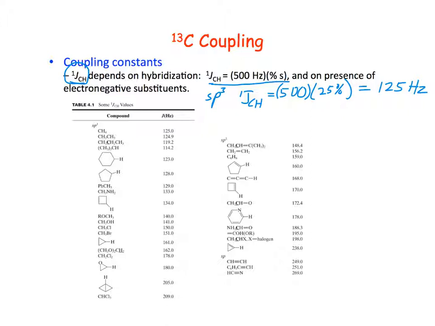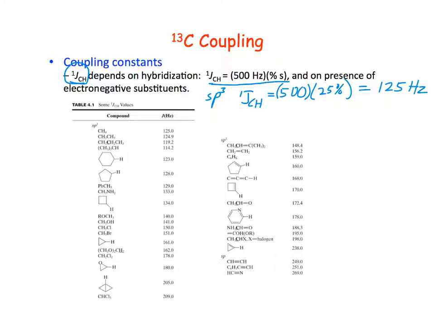How does this coupling constant compare to what we saw for proton-proton couplings? It's big, right? Because the biggest coupling constants we saw for proton-proton was maybe nearing 20 at the most. Usually the biggest for trans is maybe 17, and so these are well over 100.